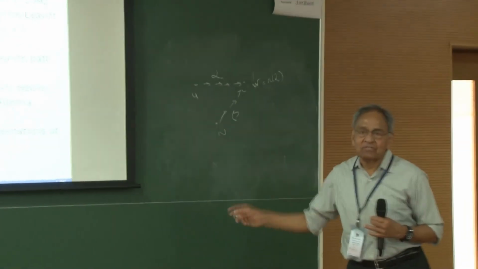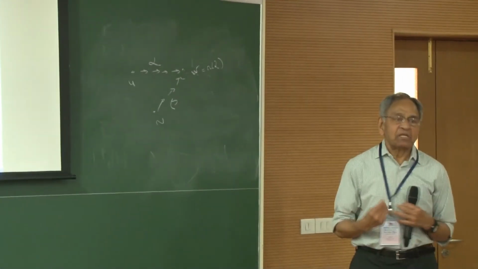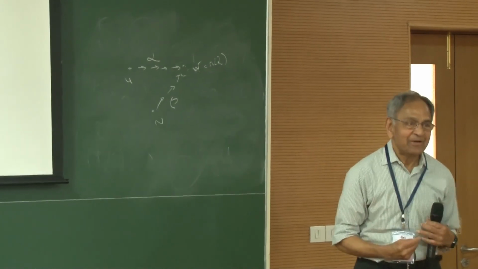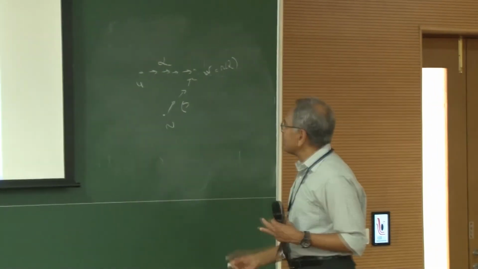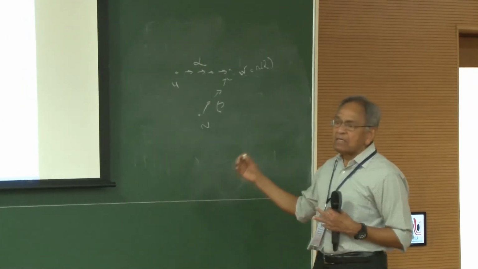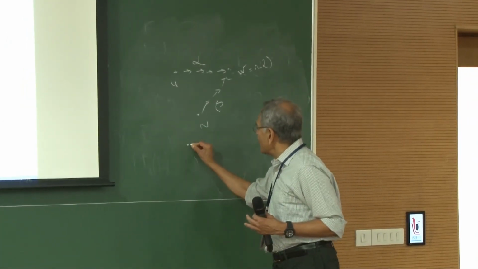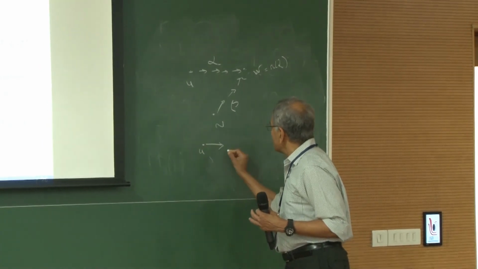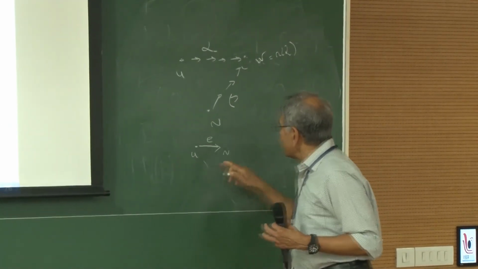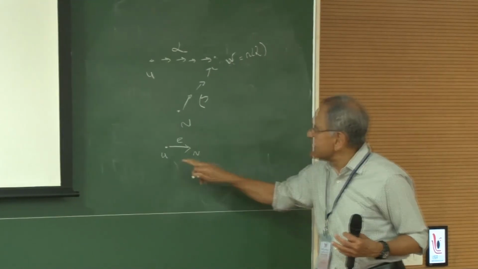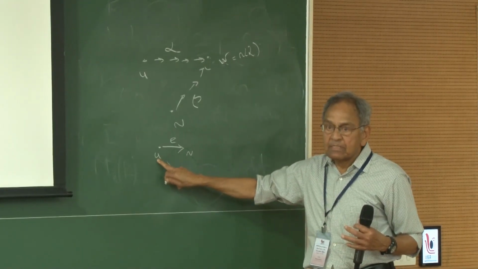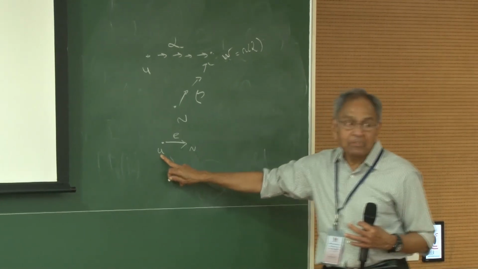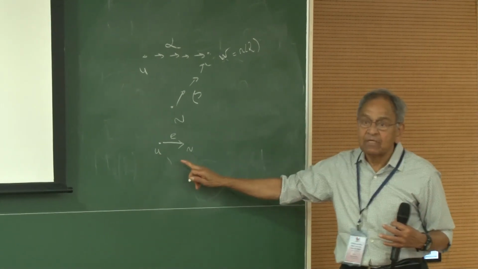Namely, the point I was trying to make is that Leavitt path algebras are highly non-commutative, very rarely commutative. The reason is very obvious, because if a graph contains just one edge e from u to v, and if this vertex u is not equal to v, then you can see commutativity is violated.